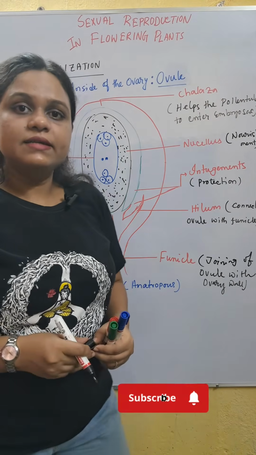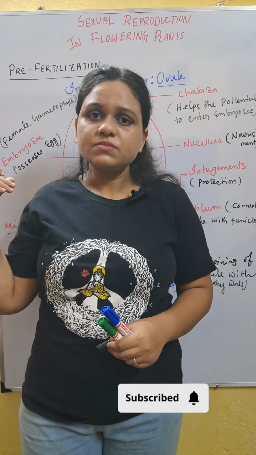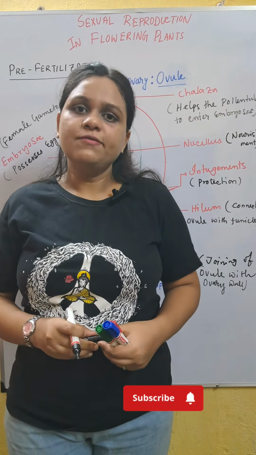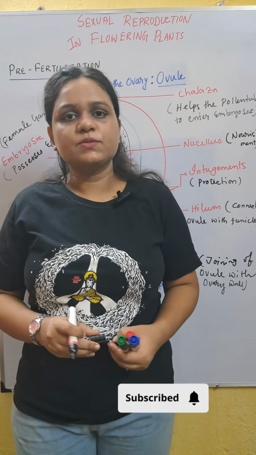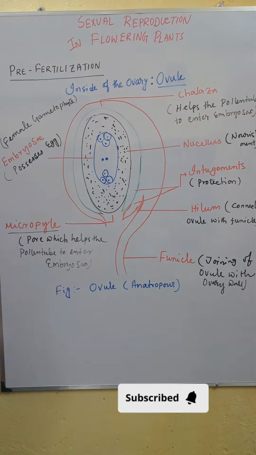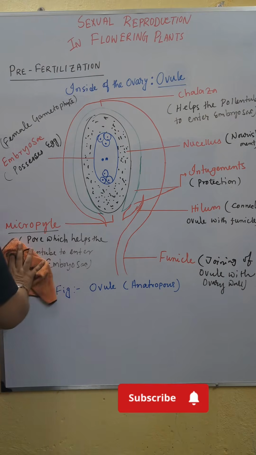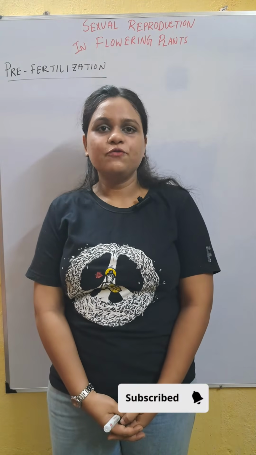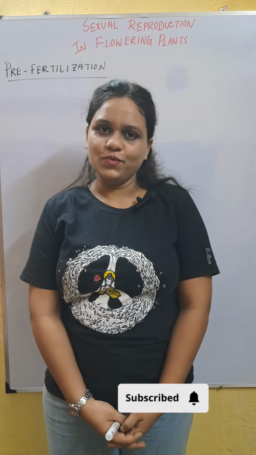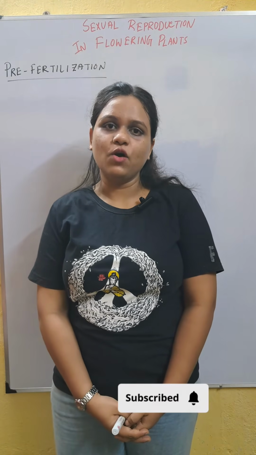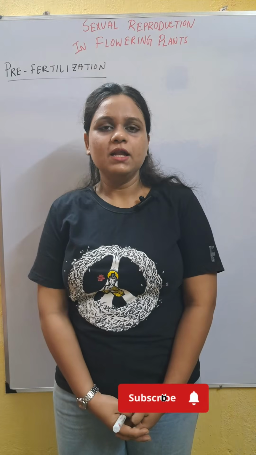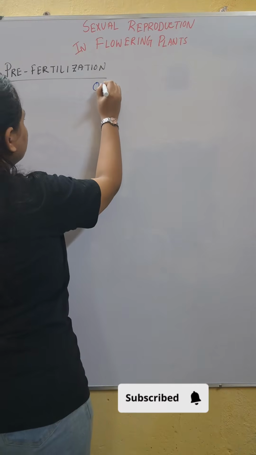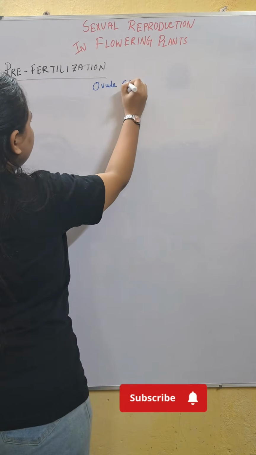Now let's discuss the formation of the female gametophyte, or megasporogenesis. When I say megasporogenesis, it means formation of megaspores and eventually the formation of the embryo sac. Now the process: the ovule is a diploid structure.